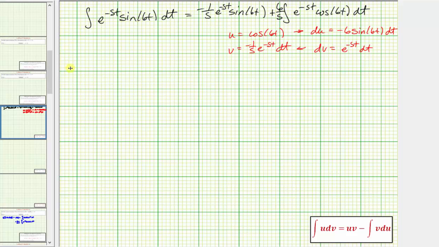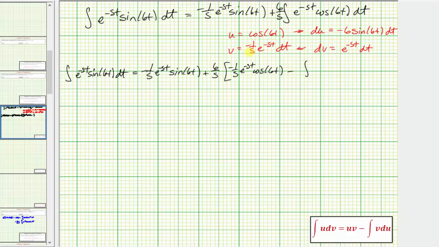So we have the original integral equals, first term stays the same, then we have plus 6 divided by s times u times v. Let's write u times v as negative 1 divided by s e to the negative st cosine 6t. Then we have minus the integral of v times du. Notice that v times du is going to be positive, so this does stay as subtraction.